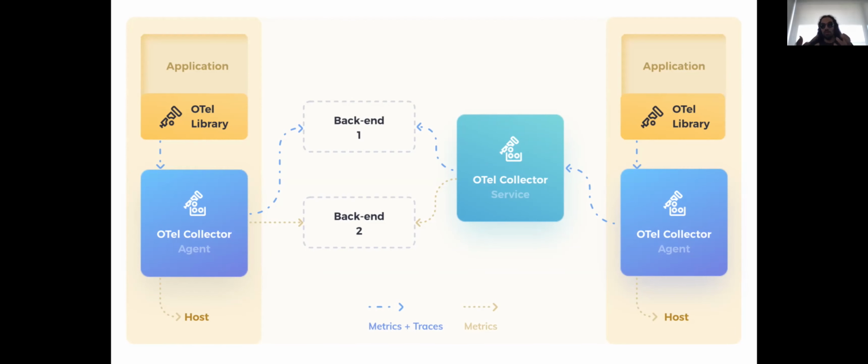The collector is interesting because it's a generic piece that abstracts the data, and then you can send the data to whatever place you want. They already have plugins and connectors to pretty much all the tools you may think of, right?